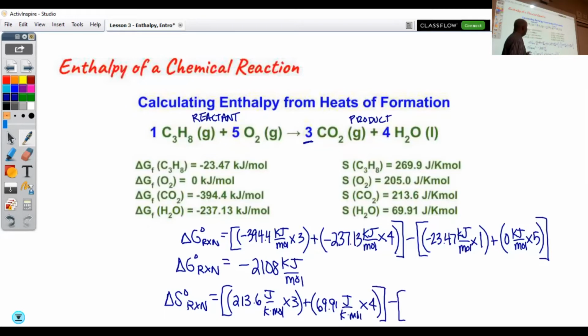On the right side, on our reactant side, we have our value for C3H8. Value for C3H8 is 269.9. Multiply that by 1, close the parentheses, and then finally our value for oxygen is 205.0 per Kelvin mole. And of course, we're going to take that value and multiply it by 5.